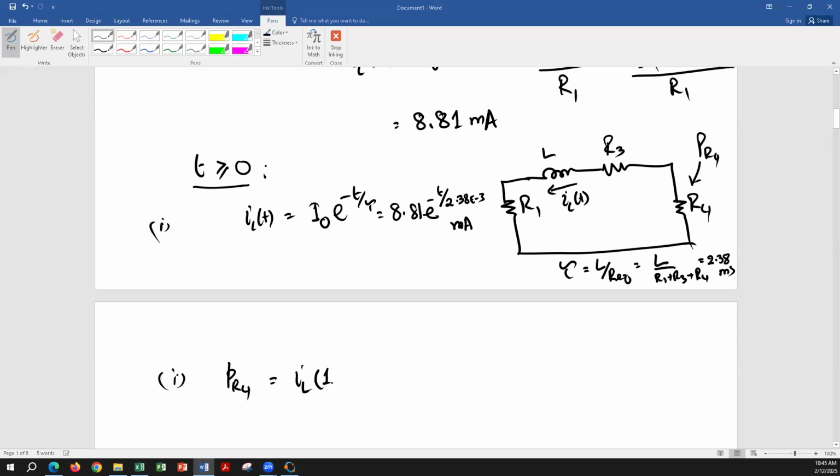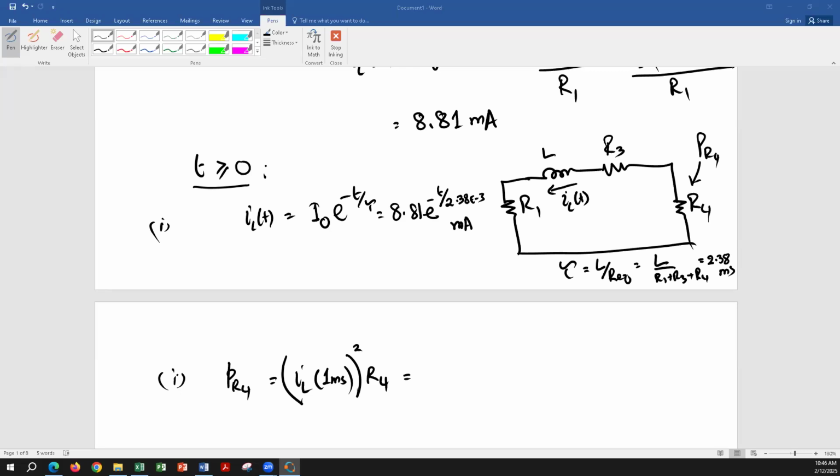iL at 1 millisecond, squared, times R4. I naught times exp of negative t over tau, where t is 1 millisecond.